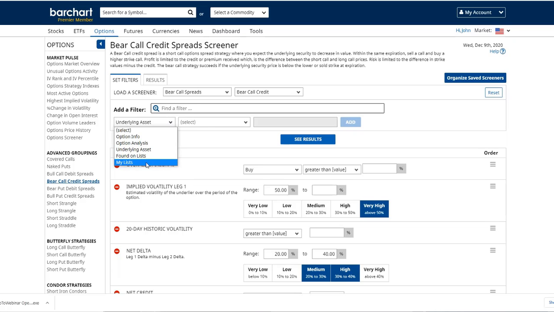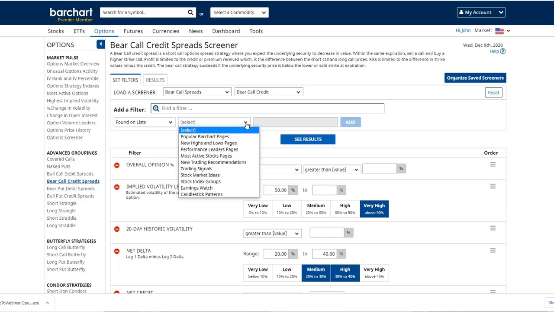So yes, this is a very complex options screener, and our suggestion is really you need to come in here and look around and see all of these different things that you can screen using, the different filters that can help you narrow down your trading candidates.